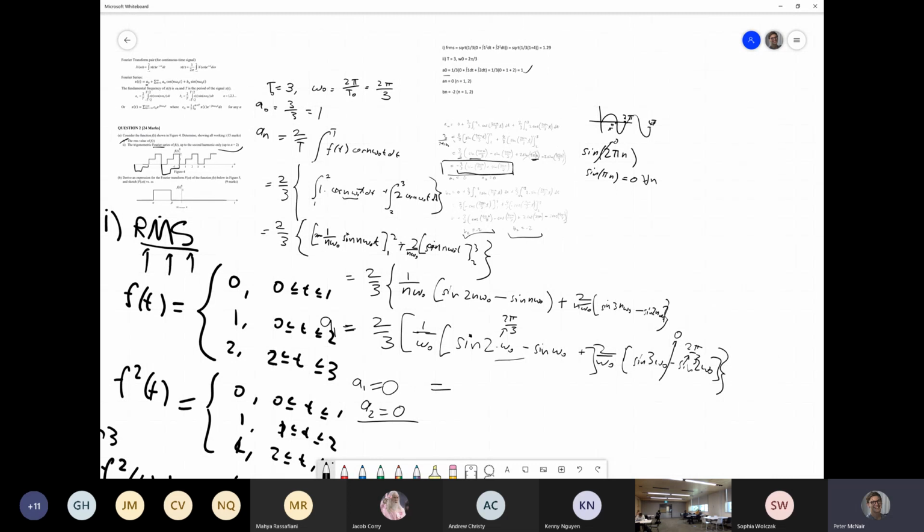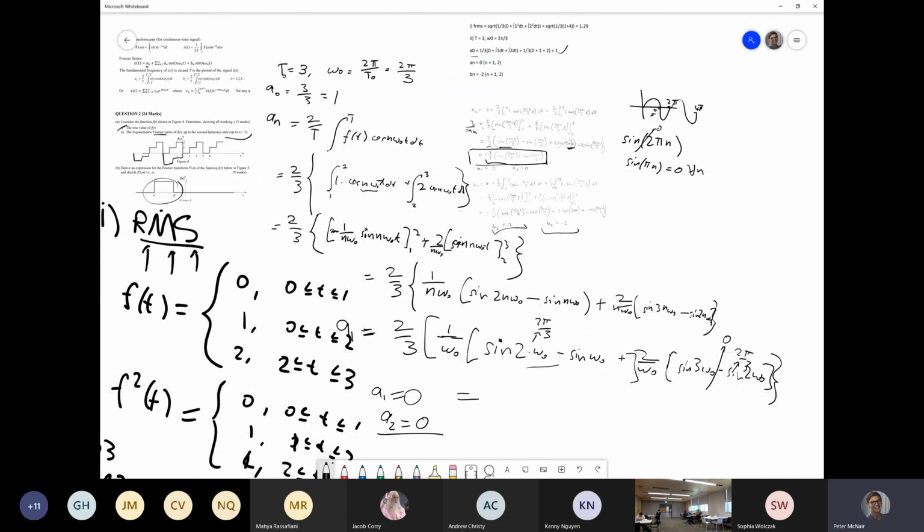And then we want the Fourier transform of this function. So we can't just expand this with Fourier series. Does anyone know why we can't just expand it with Fourier series? Not periodic. It's not periodic, exactly right.